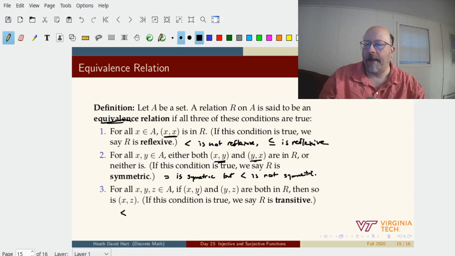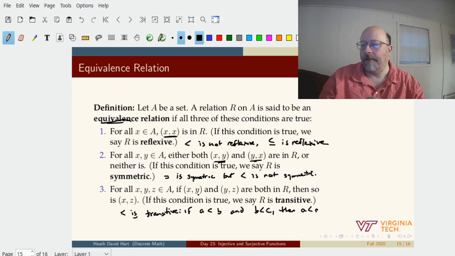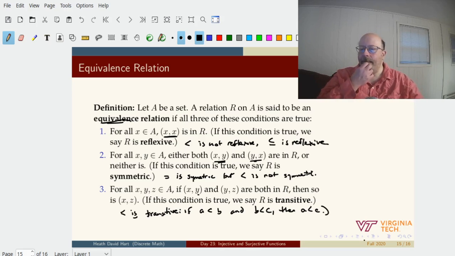So less than, we said, is not reflexive and it's not symmetric, but it is transitive. If A is less than B and B is less than C, then A is less than C. Okay.